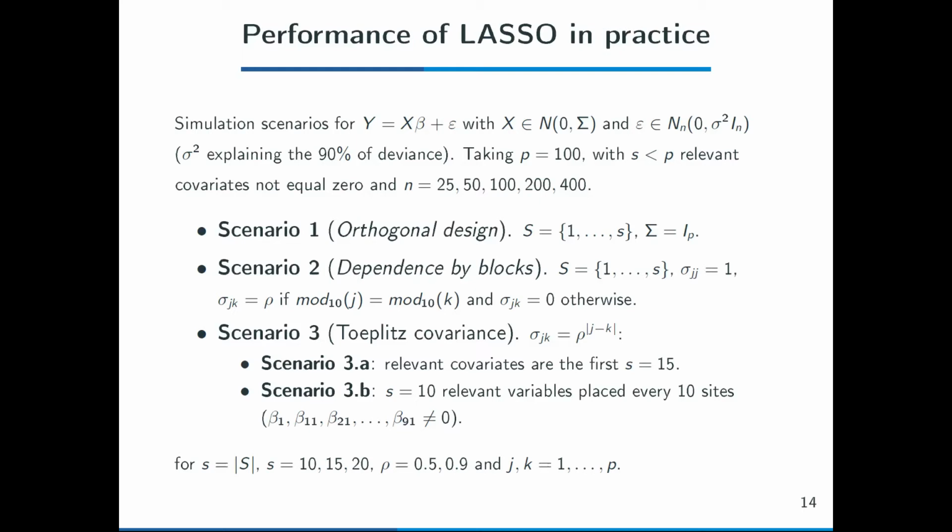We are going to take p equal 100, and we always assume that the relevant covariates, the lowercase s, is always less than p. So we are going to try with different sample sizes and with different strengths of dependence.